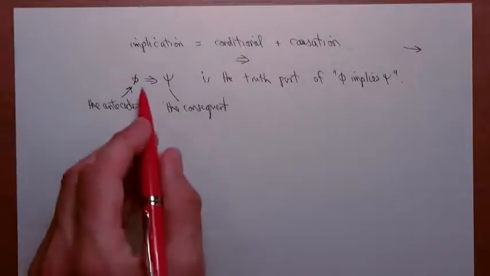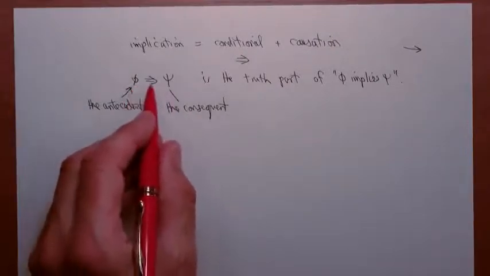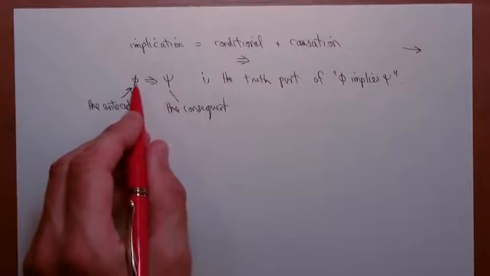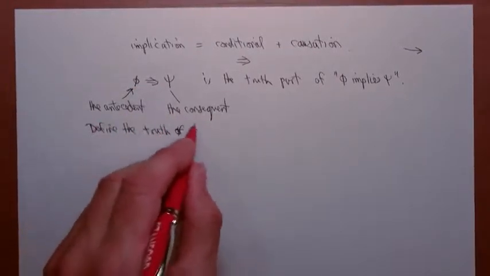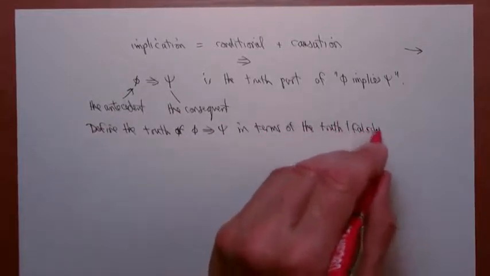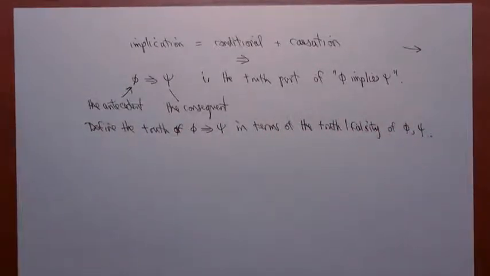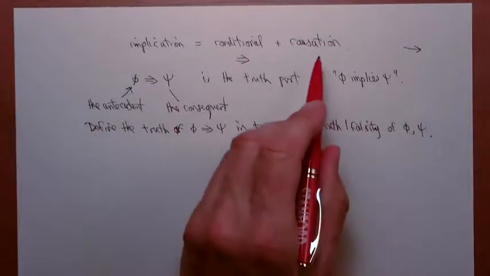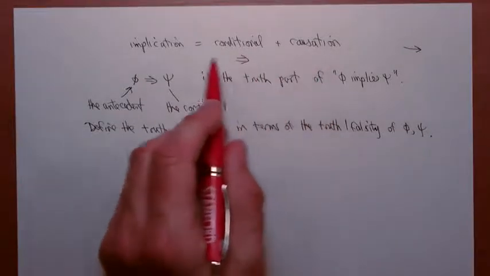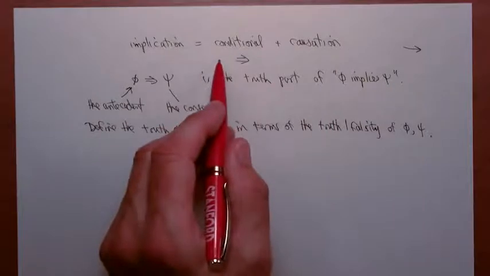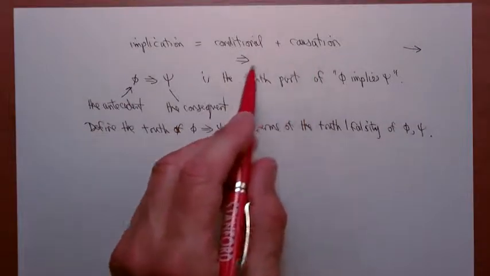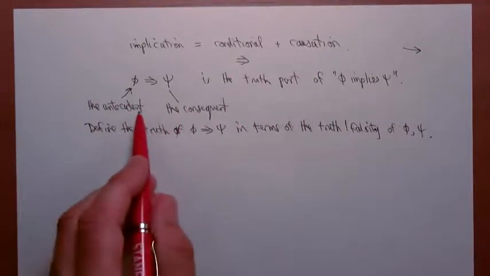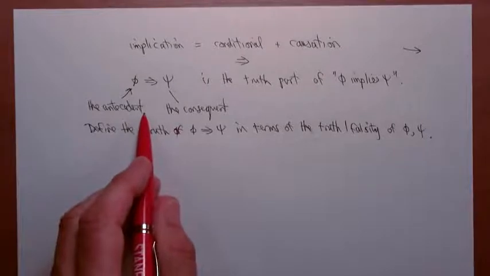And we're going to formally define the truth of phi conditional psi in terms of the truth of phi and the truth of psi. Now you might worry that by throwing away causation, we're going to be left with a notion that's really of no use whatsoever. That actually is not the case. Even though we're throwing away something of great significance, hanging on to the truth part leaves us something very useful.